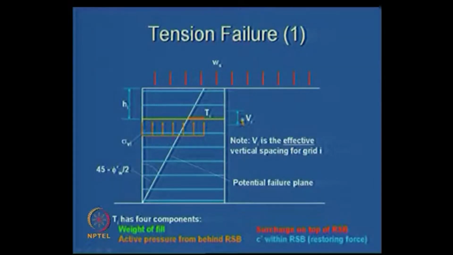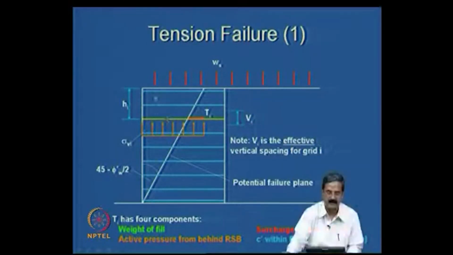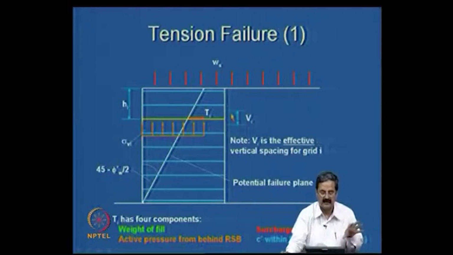What we say is that at this Vi, Vi is a horizontal spacing. We assume that at this ith level, which is at a distance from the top hi, and Vi is a spacing, the reinforcement is effective. It can provide force within that spacing, right. So, how do you calculate that reinforcement force? It is actually sigma Vi you calculate, and then Ka times the sigma V, we will see that, okay.